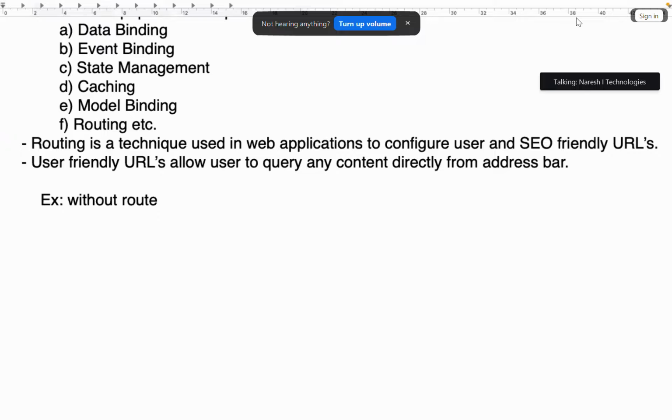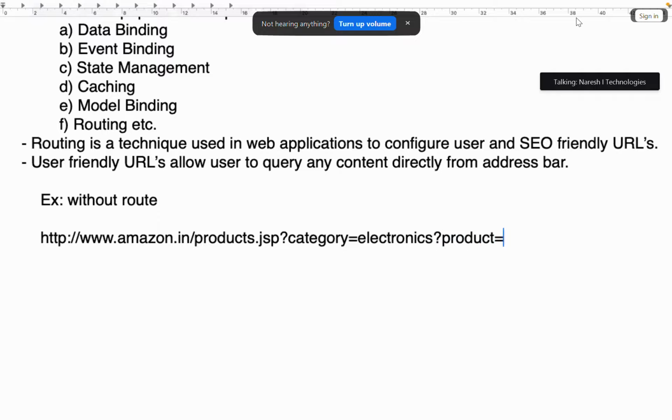Without routing, the URL will be something like http://www.amazon.in/products.jsp, or ASP, PHP, question mark, category equals electronics, ampersand, product equals mobile, and brand equals Apple, something like this.